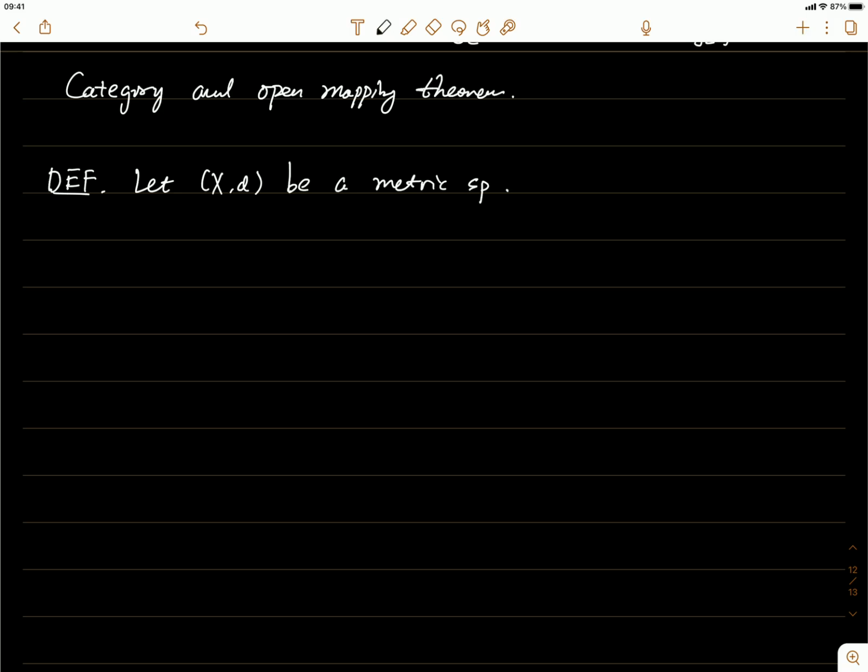Then we say that a subset E of X is called nowhere dense if its closure doesn't have any interior point, that is, if the interior of the closure of E is an empty set. You take a closure and then try to see if there is any interior point. If there is none, then you say this set E is nowhere dense.